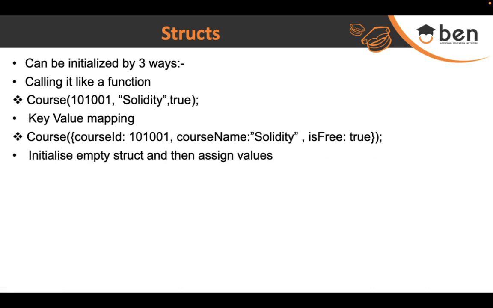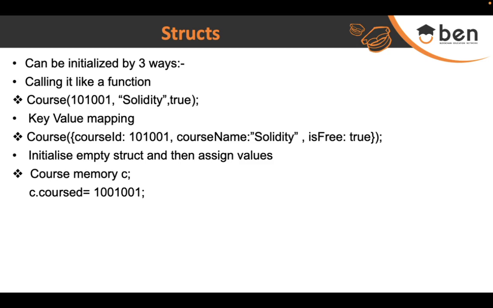Third is you can initialize an empty struct and assign values later on. In case your code demands that you just keep the empty struct initialized, and dynamically you want to add some values using functions, then you can write Course memory c. Here you have to use the keyword memory or storage. For structs, you need to mention the storage type.